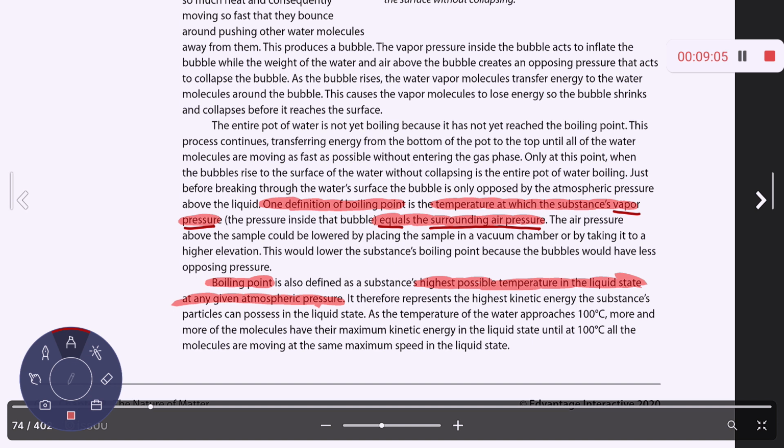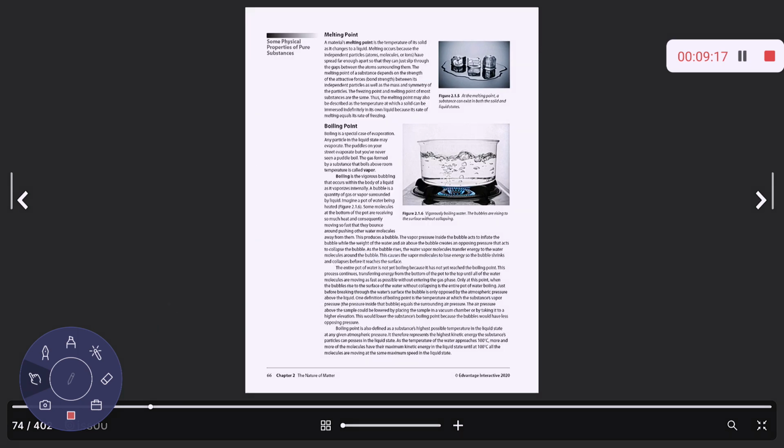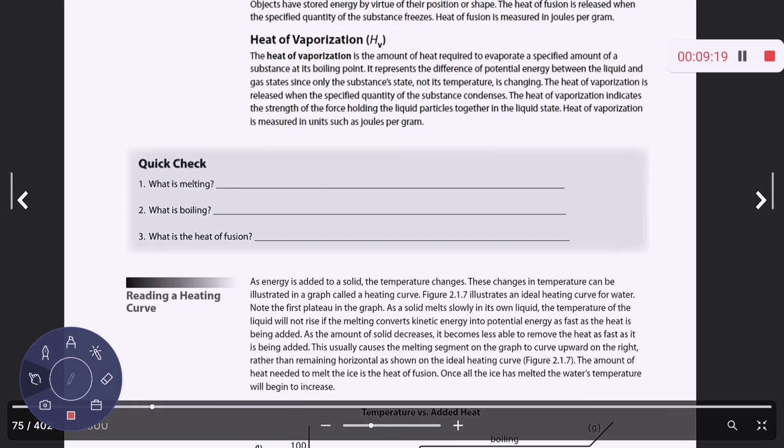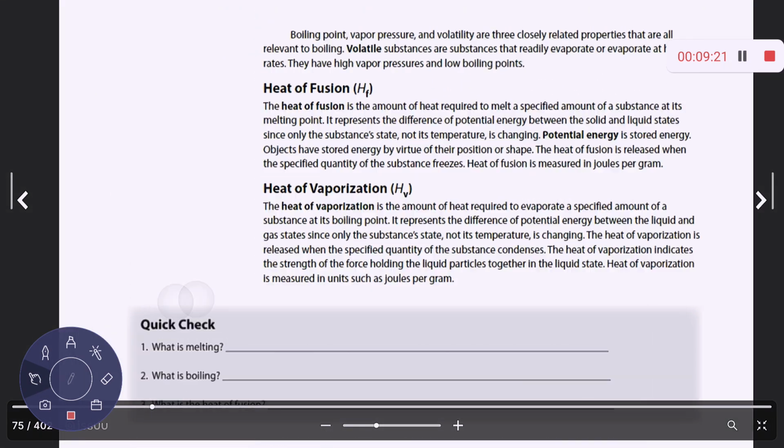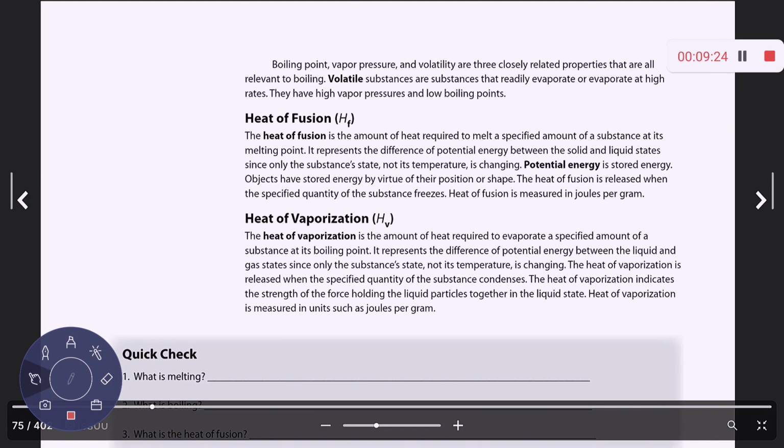Let's talk about volatility. Volatile liquids are not explosive liquids per se. We don't really refer to them that way. Volatility has to do with how readily something will evaporate and just go into the gas phase, like right away.